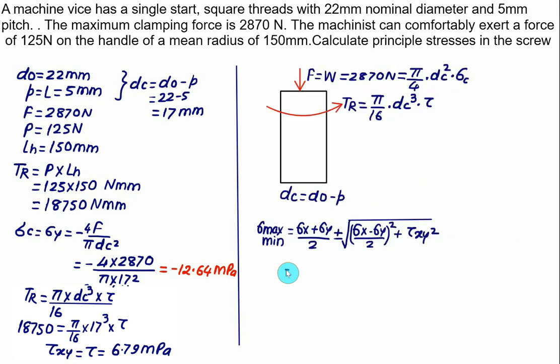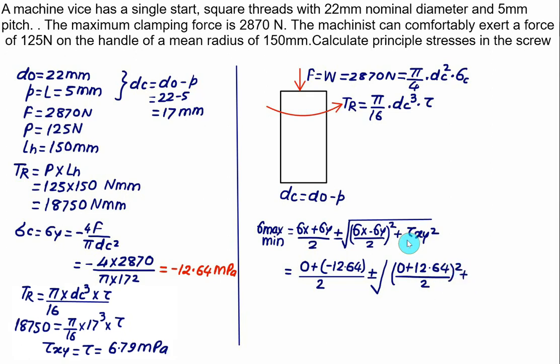So we have the value of sigma x equal to 0, plus sigma y is negative 12.64, divided by 2, plus minus under root of sigma x equal to 0. Minus and minus become plus. We have 12.64 divided by 2, square of it, plus tau xy which is 6.79.